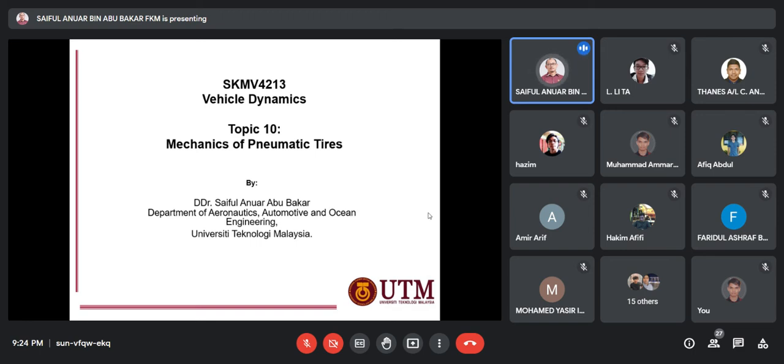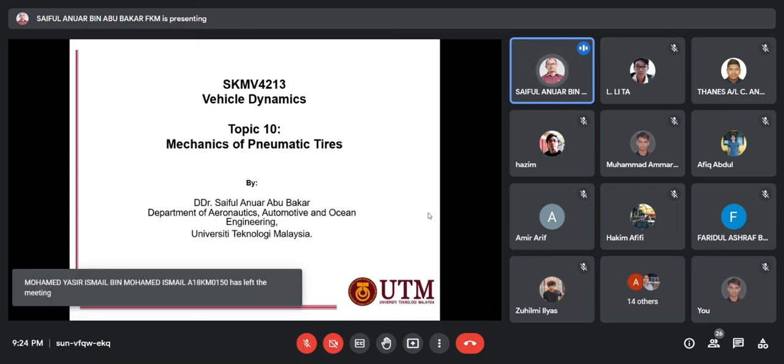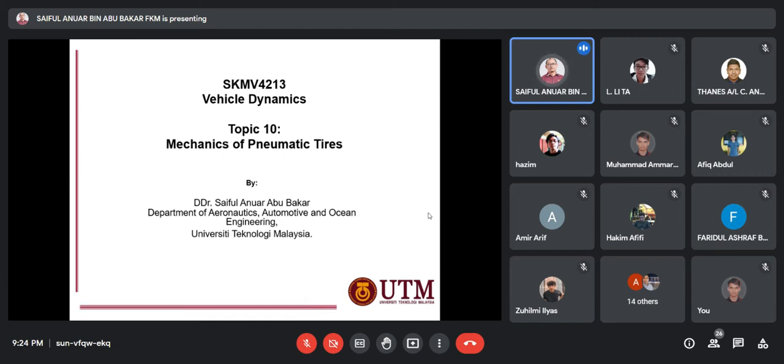The combination of these components already shows the complexity of the engine's operation. But for tires, as we can see, it's just one single piece of rubber being molded to the shape of the tire that we know.